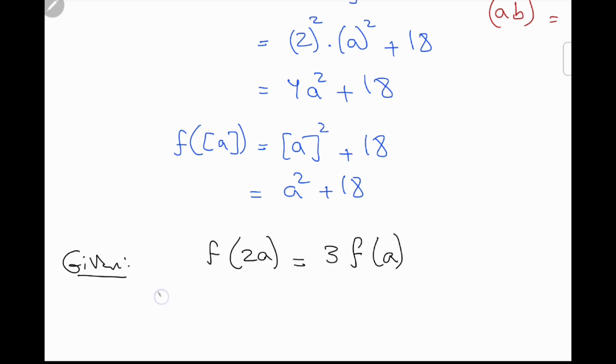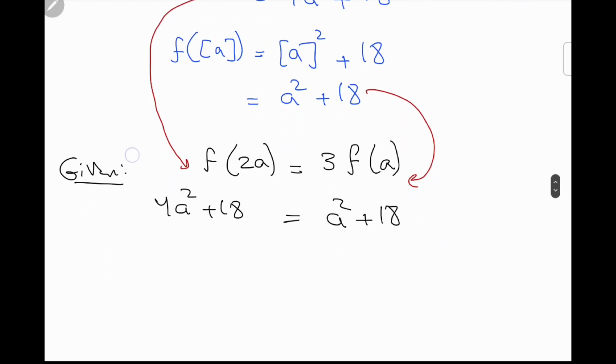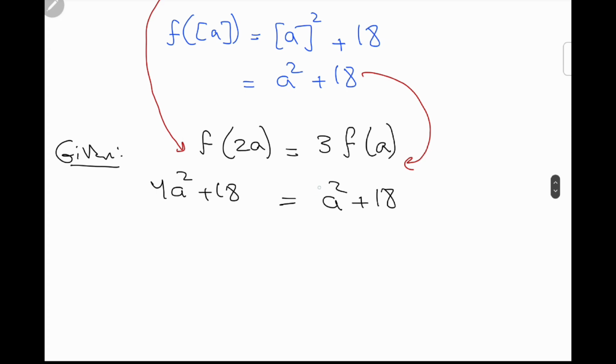So we have 4a squared plus 18 equal to, of course this is f of a, multiplied by 3. So that would be 4a squared plus 18 equal to 3 times a squared plus 18.